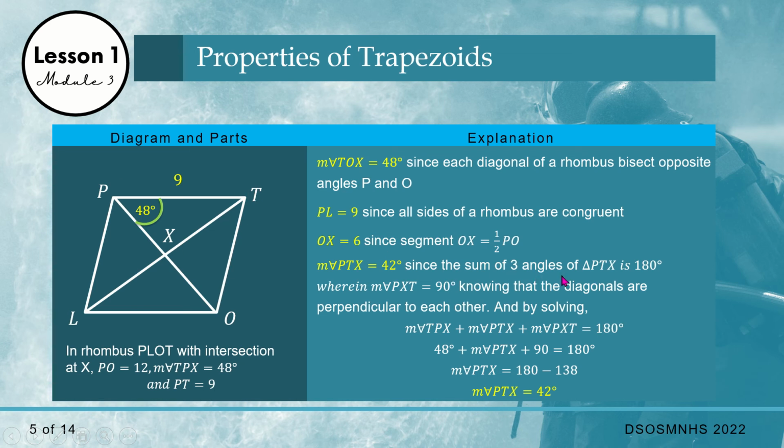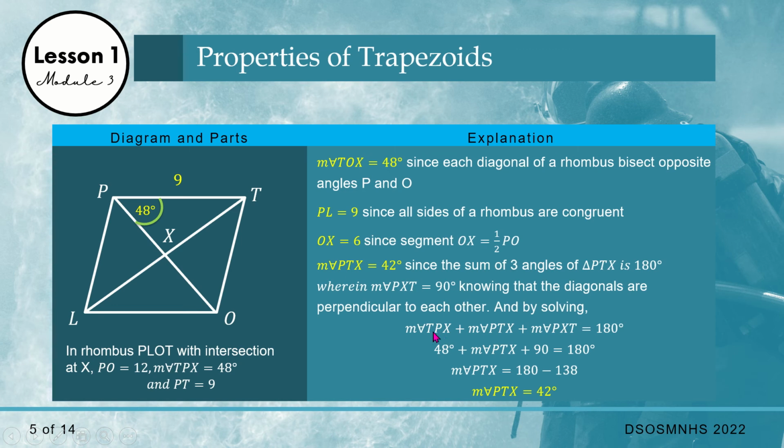Since the sum of three angles of triangle PTX, asa man triangle PTX? Triangle PTX. Kaning ibabaw nga angle. Ang iyang sum of the three angles or interior angles of triangle PTX is 180 degrees, wherein measure of angle PXT, okay, ang kanang center nga angle PXT is 90 degrees, knowing that the diagonals are perpendicular to each other.